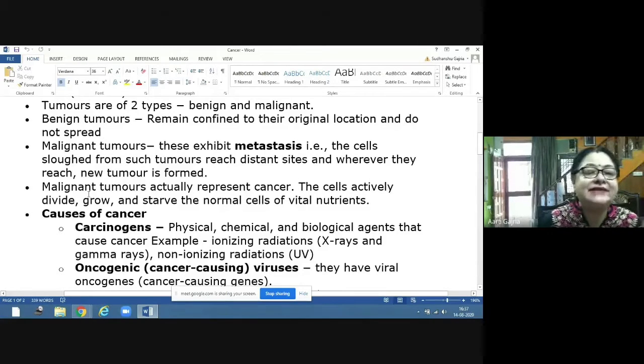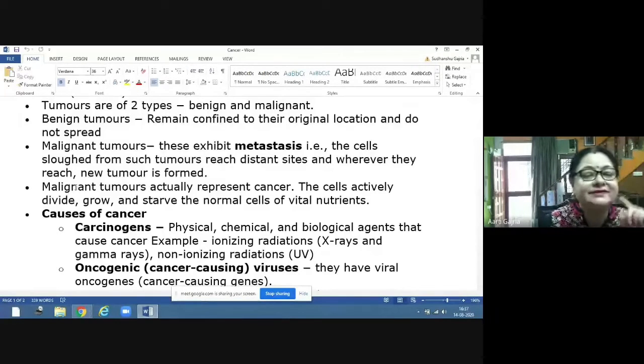The cells actively divide and grow, and as their numbers increase, they compete with the normal cells for vital nutrients. So the normal cells do not get those vital nutrients, and there is damage, harm to the normal cells.